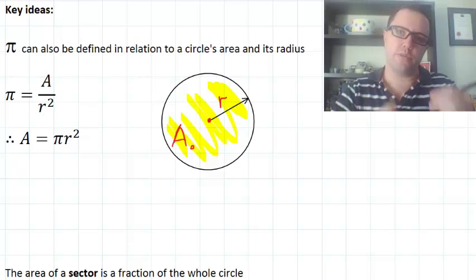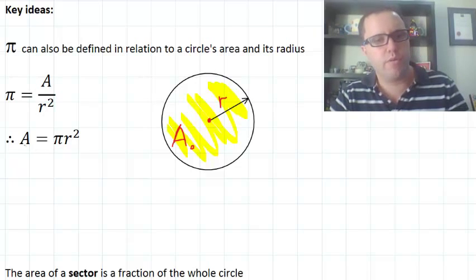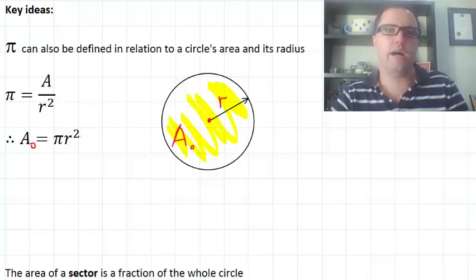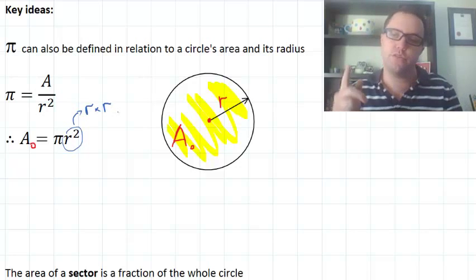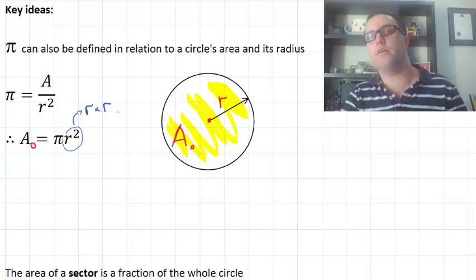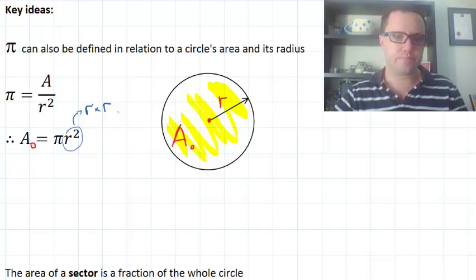With a little bit of algebra rearrangement, we have the area of our circle being pi r squared. You'll notice, similar to our other area formulas, this is r times r. There are still two distances being multiplied against each other.